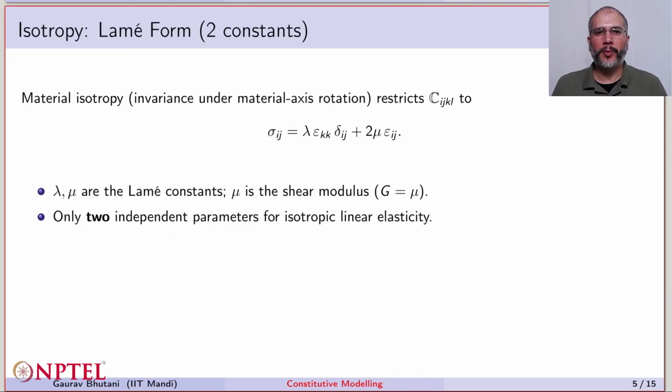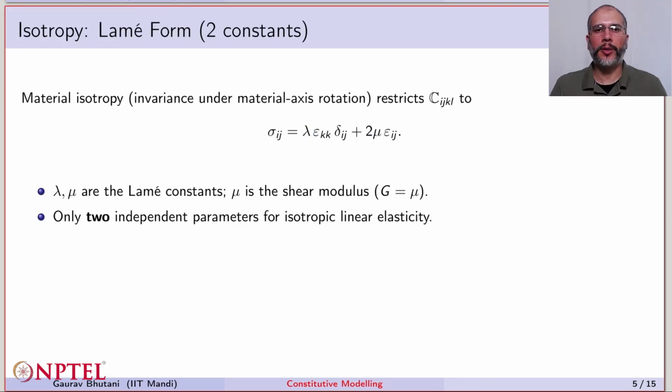Now these 21 components that we have gotten are for a general tensor. But if for a very special case our material is isotropic, then we see that our sigma has this form which only has two constants, lambda and mu.